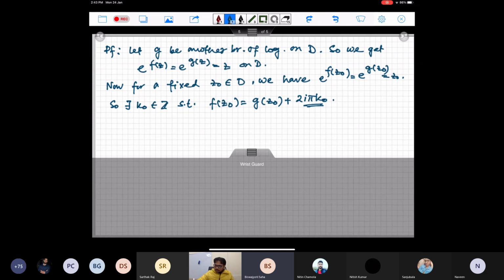Now I want to show that g, a branch of logarithm, is just f(z) + 2iπk.